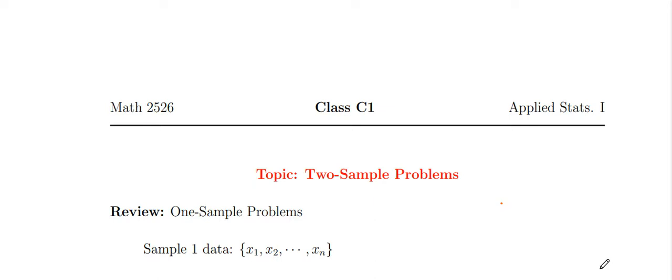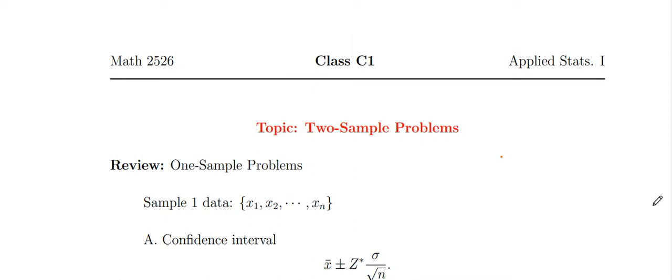Part 2 is one sample problem. This is the first question in statistics. Then we move to other statistical problems. Today's topic is the two sample problem. Okay, so let's review the one sample problem.